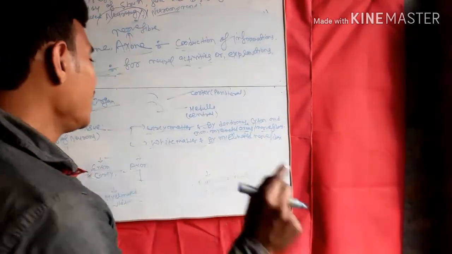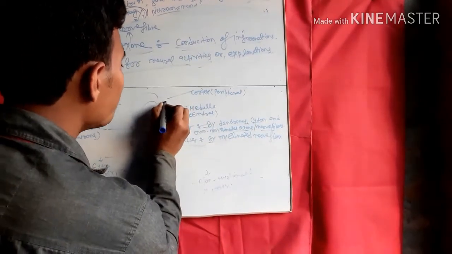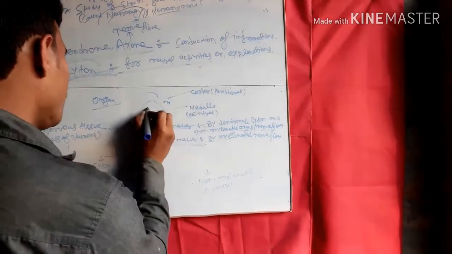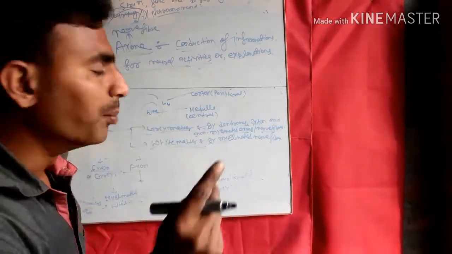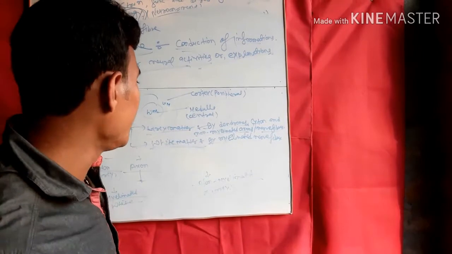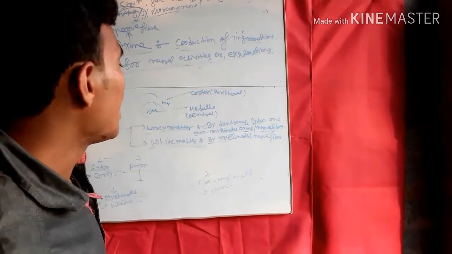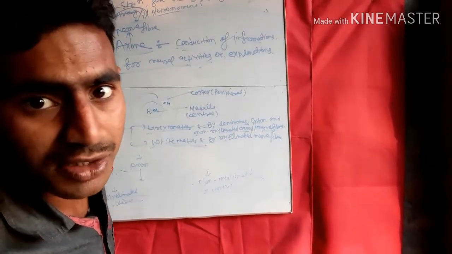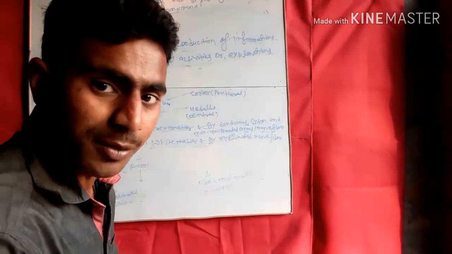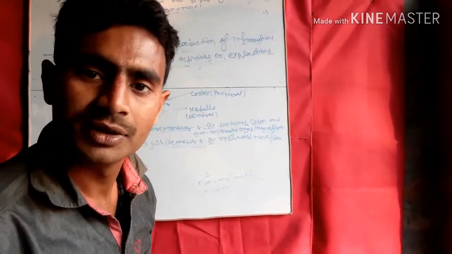Now I am talking about the brain. In the brain, gray matter is present in the cortex, the peripheral part, and white matter is present in the central part, the medulla.